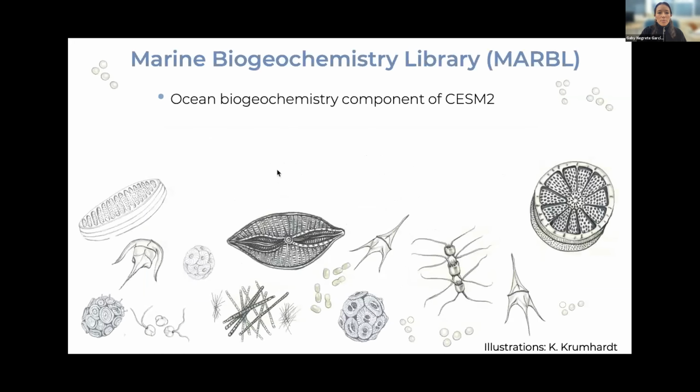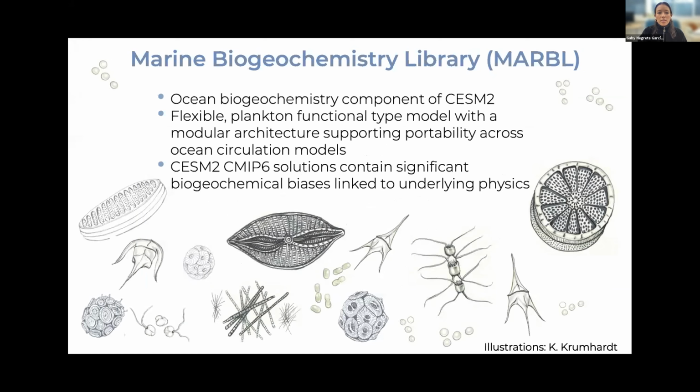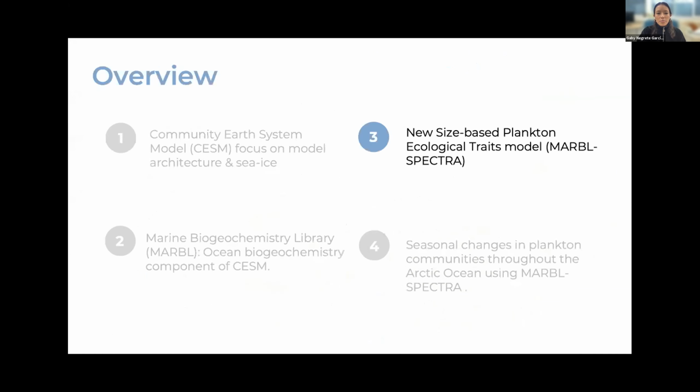So in brief, MARBL is the ocean biogeochemistry component of CESM2. It has a flexible plankton functional type model with a modular architecture supporting portability across ocean circulation models. And something to note is that CESM2 CMIP6 simulations contain significant biogeochemical biases linked to underlying physics.